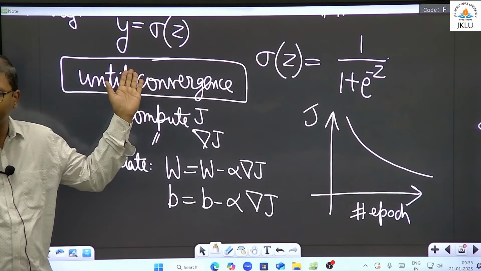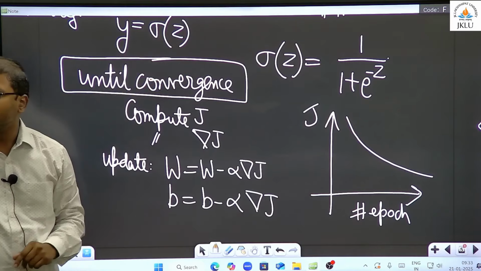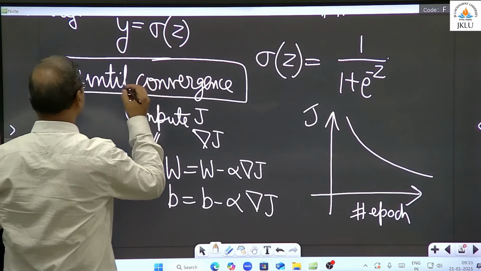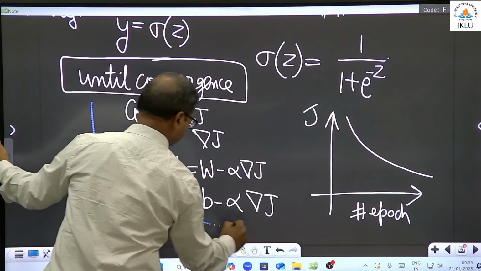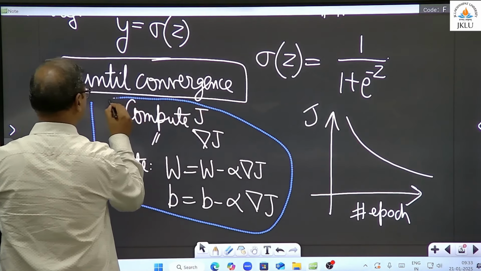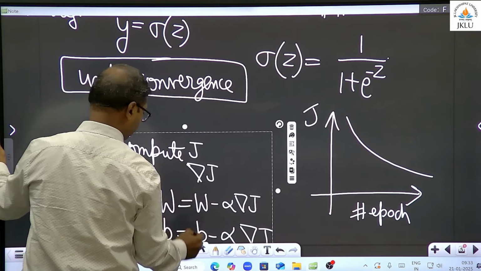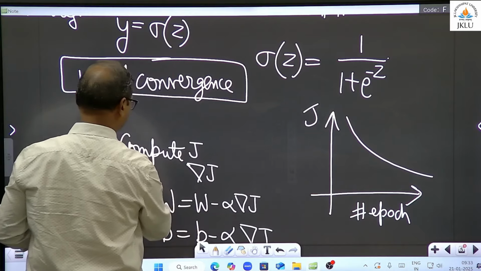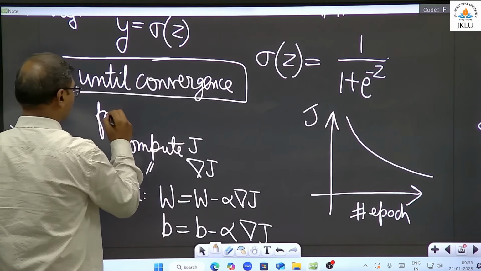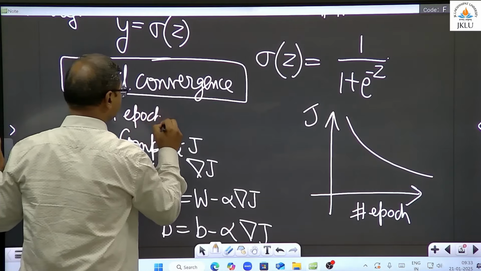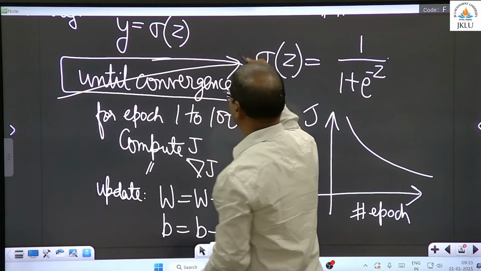This clearly looks like a while loop, right? We convert this to a for loop by saying for epoch 1 to 100 or whatever. So we just get rid of this.